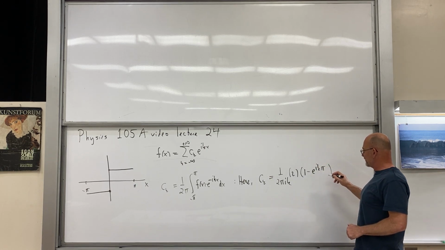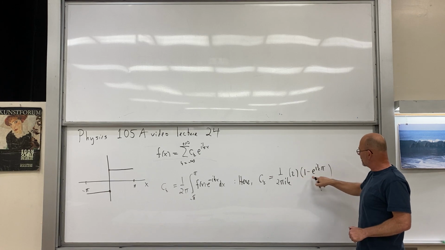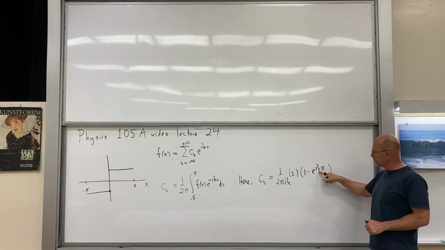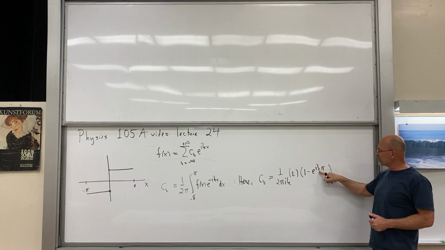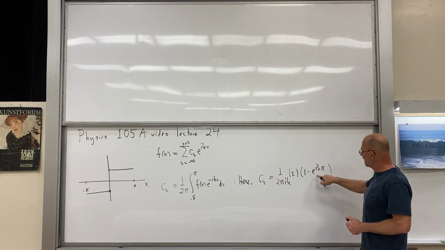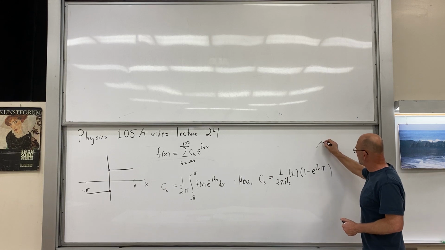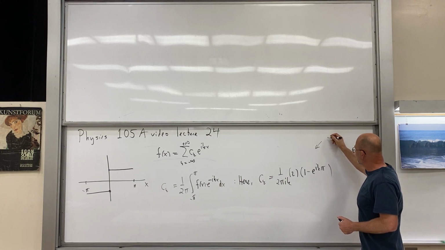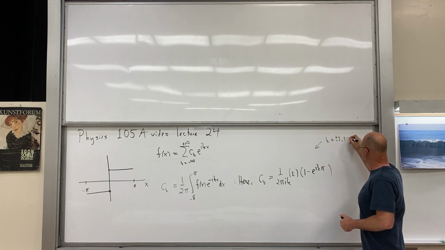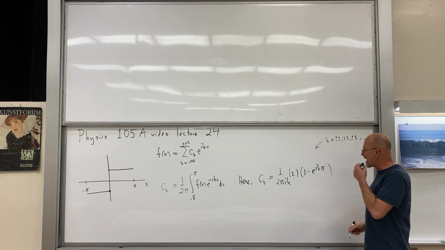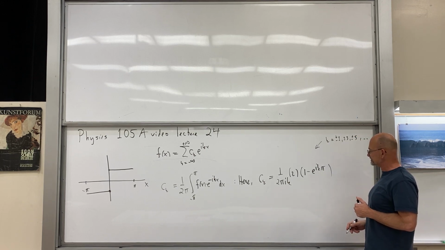And those were 0 when k is equal to 0, plus minus 2, 4, etc. And we're going to have a -1 here, so 1 minus -1 equals 2 when k was plus minus 1, plus minus 3, plus minus 5, and so on. So when we had the odd integers.